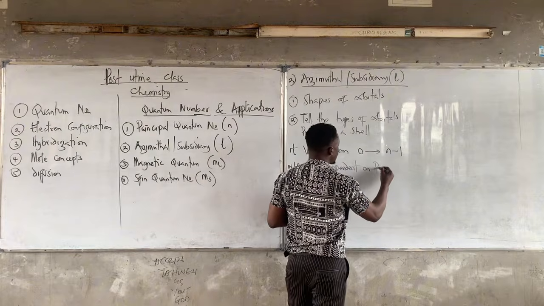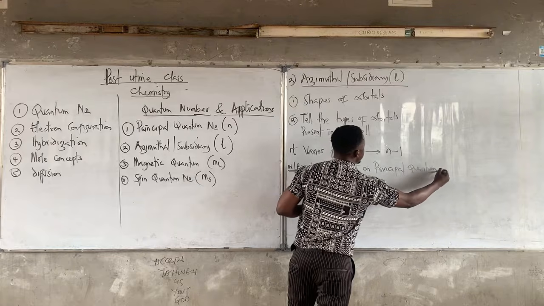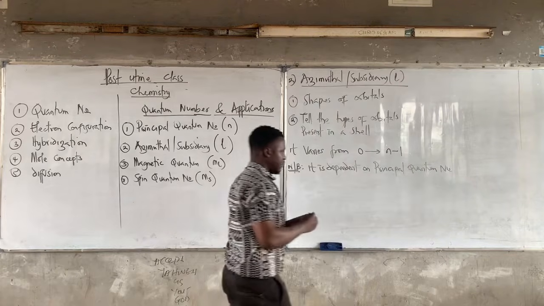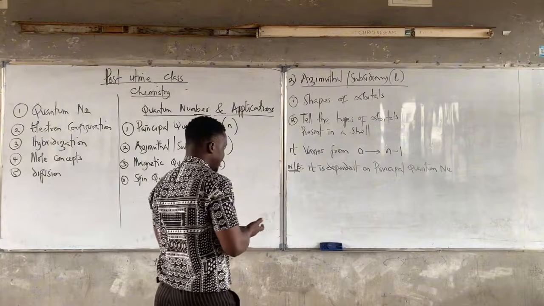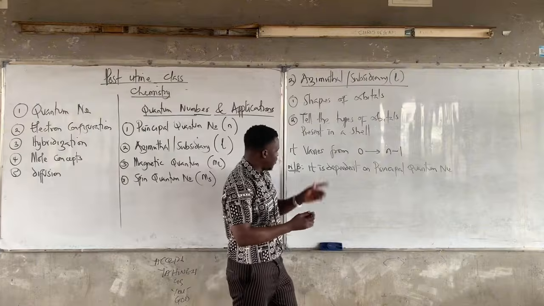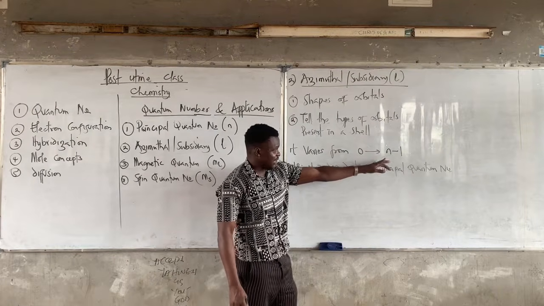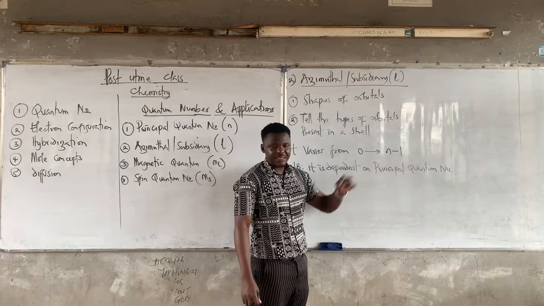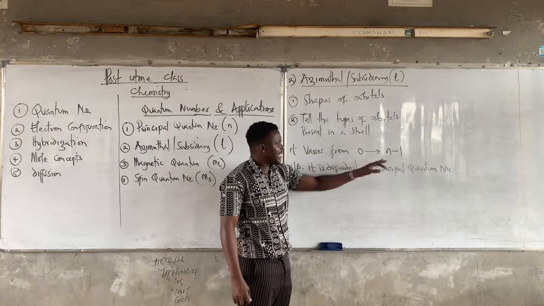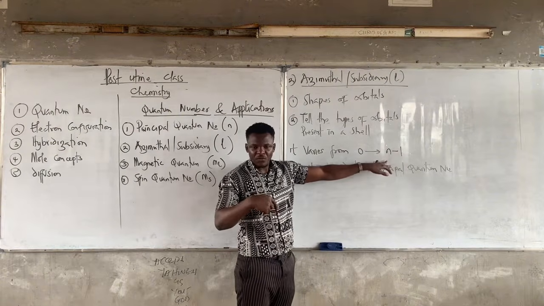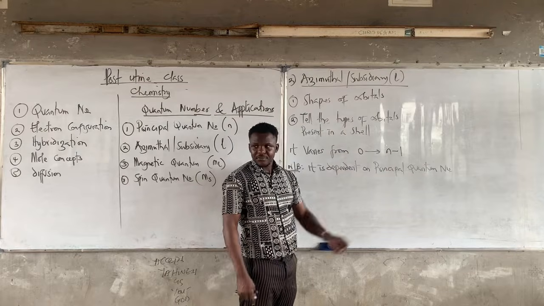What do I mean when they say something is dependent? It simply means that the value of azimuthal, we said it starts from 0 and ends at n-1. That means if there is no n, there won't be any L, because n is involved in its formula. For me to get the value of L, I need n. Now let me explain something.